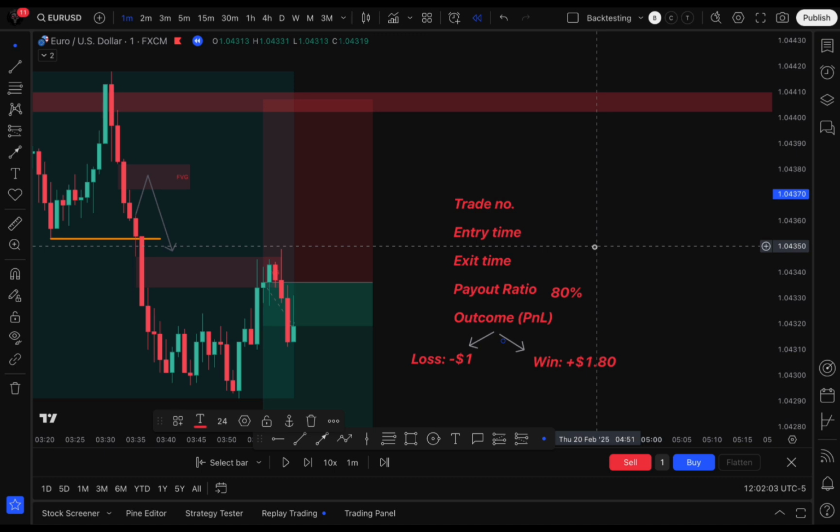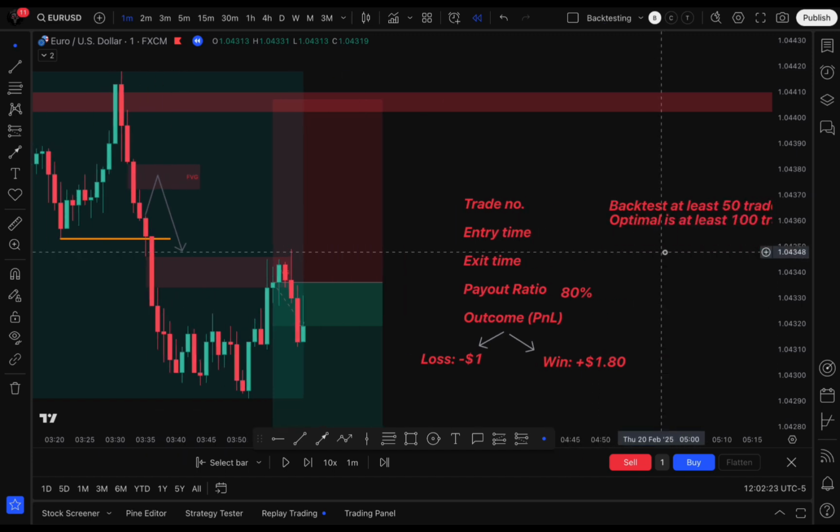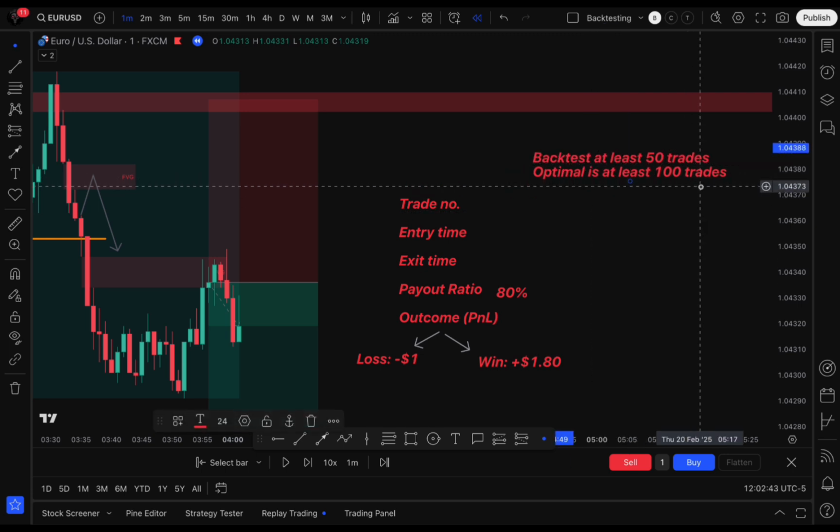And after, for example, I suggest you backtest at least 50 trades. Optimal is at least 100 trades. Okay, so somewhere between 50 and 100, or if you are more of a data guru, you can backtest more than 100 trades.